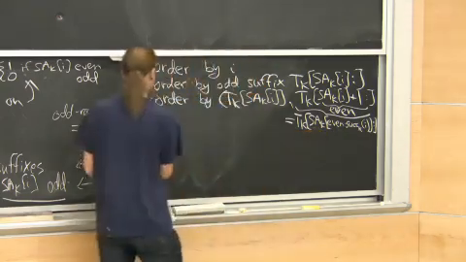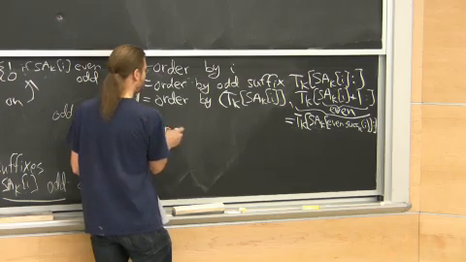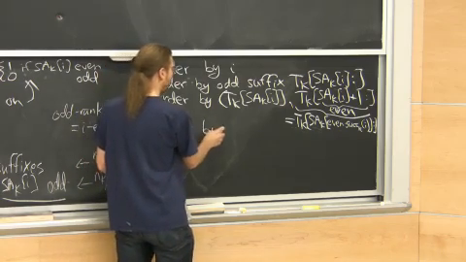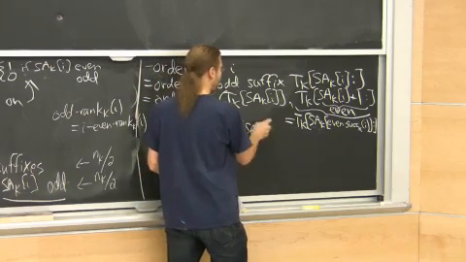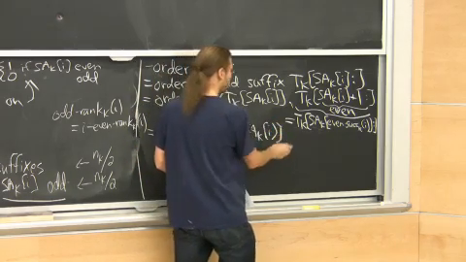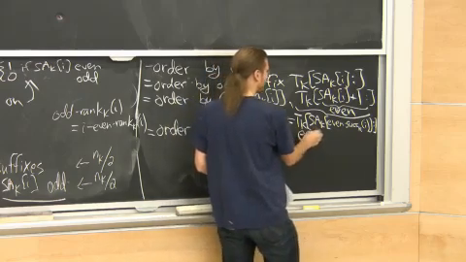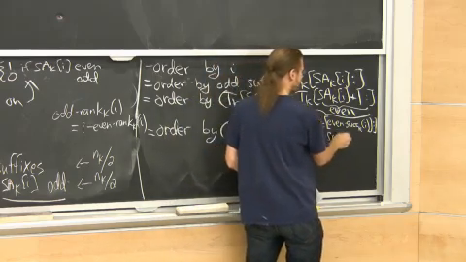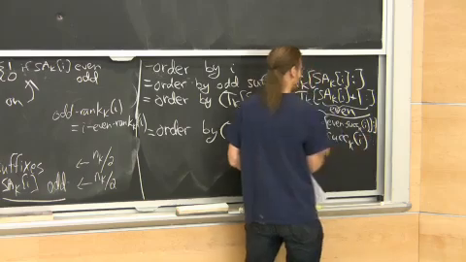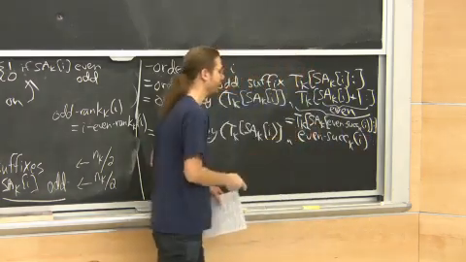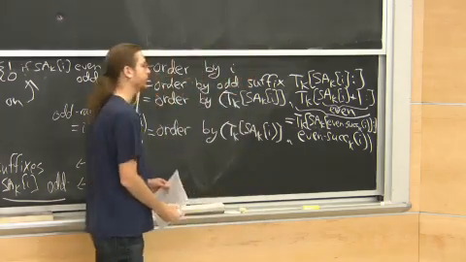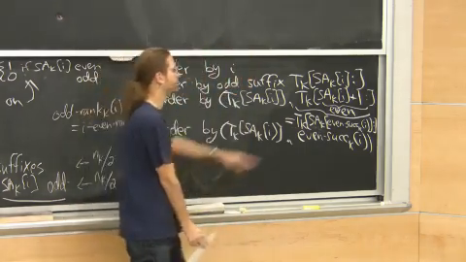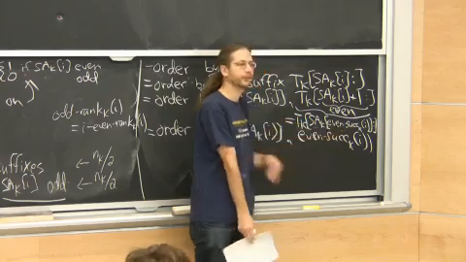This is going to be the same thing as ordering by the first letter, TK, SAK of I, comma, even successor. The suffix array is defined to have this property that these orders are the same thing. Sorting by the suffixes is the same thing as sorting by the indices into the suffix array.